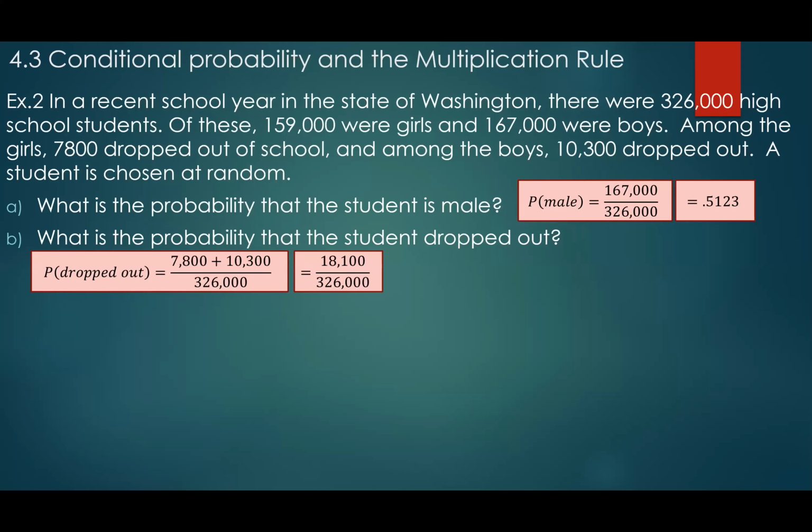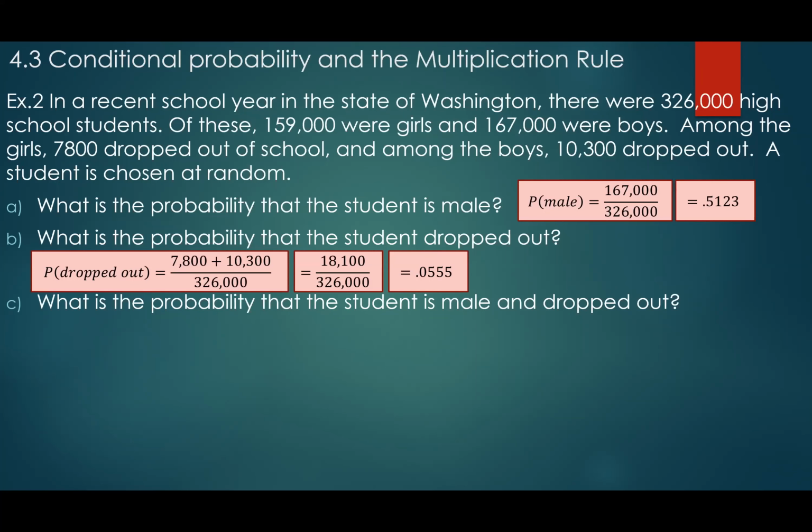Which is 18,100 divided by that, and that will give you 0.0555, right?